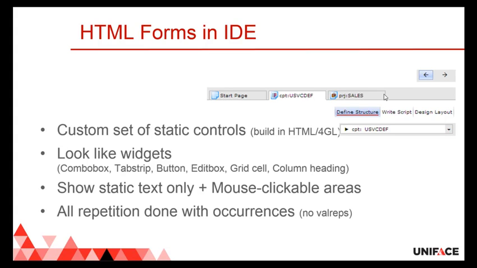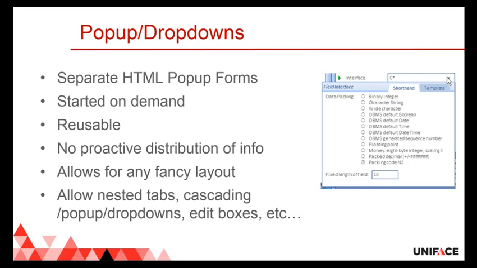So the repetition of tab strips is not defined in valreps, it's just an occurrence. So every tab button that you see is one occurrence, and we just create multiple occurrences if we needed more tabs in the tab strip. This created a very lightweight user interface.